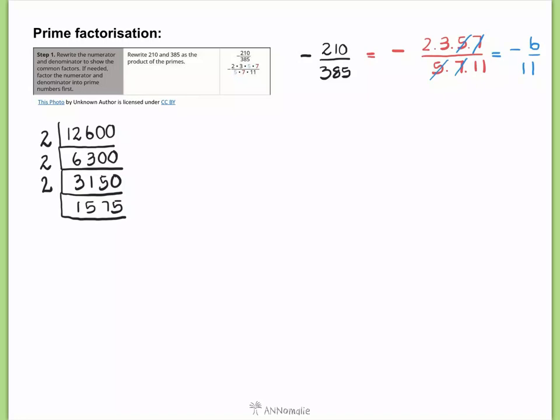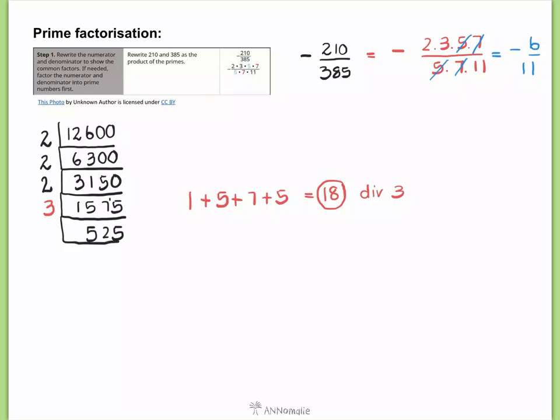So if we look at our divisibility rules and we get the sum of the digits 1 plus 5 plus 7 plus 5, which equals 18, we see that 18 is divisible by 3. Therefore, the entire number is divisible by 3. So we can divide this number by 3, and that is 525.